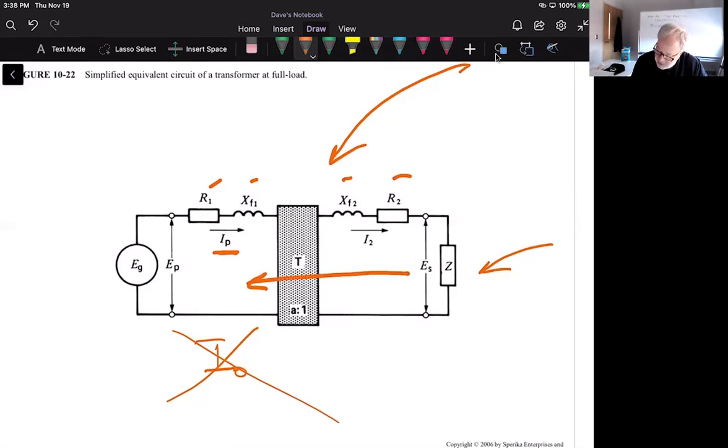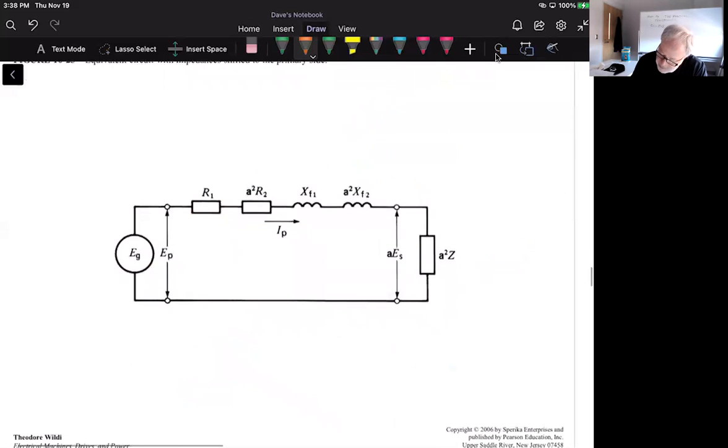And we've got the A squared part of that. So what's this? A squared. And so when I do that, I end up with this. All right, so I've moved everything over, and now I've got this circuit.